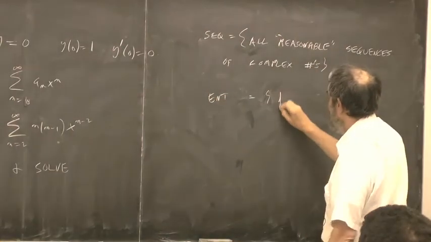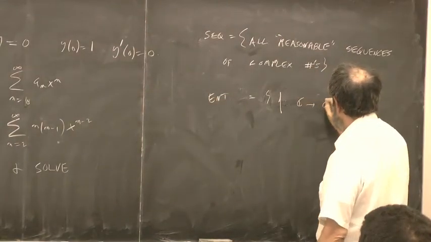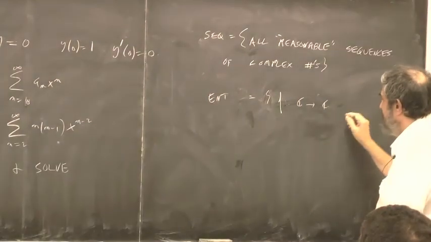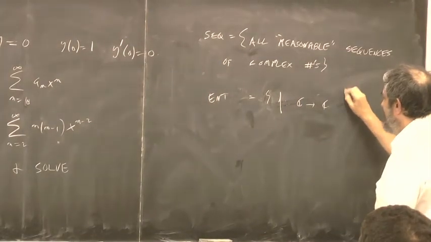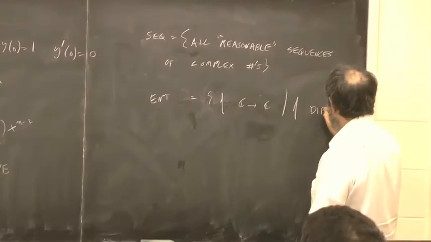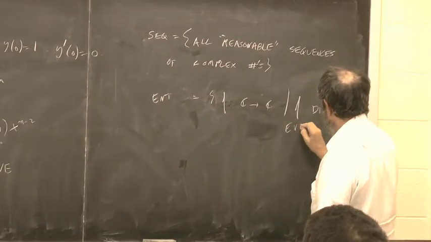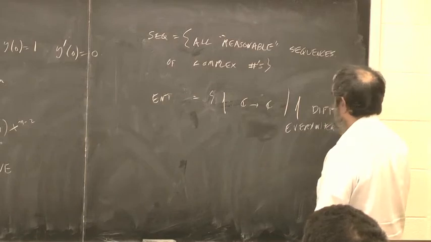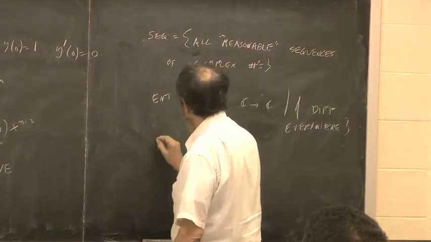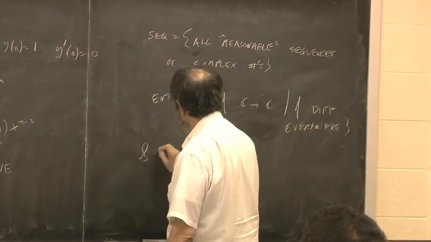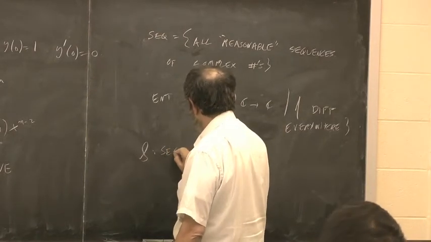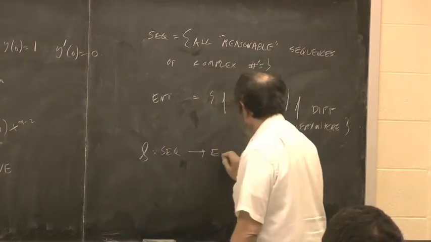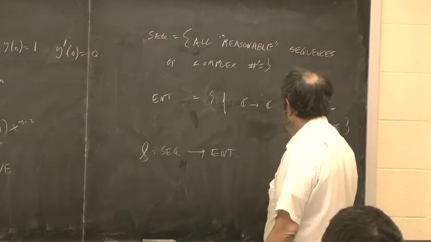So this is all those functions from the complex plane to the complex plane which are differentiable everywhere. And we have a map, let's call it S, that goes from the sequences into the entire functions.